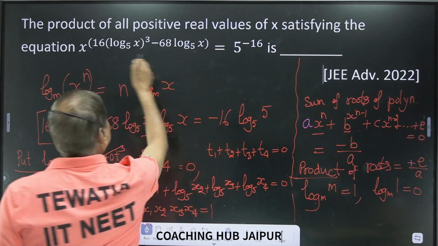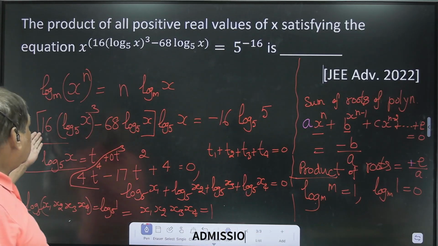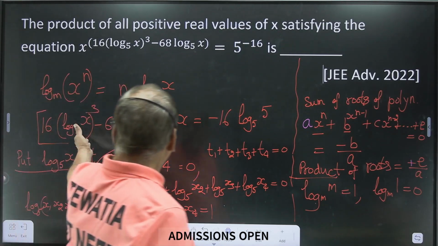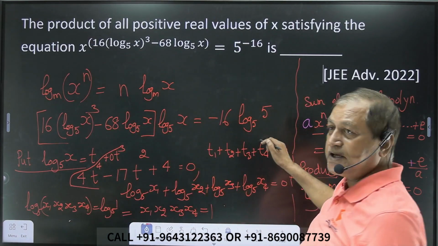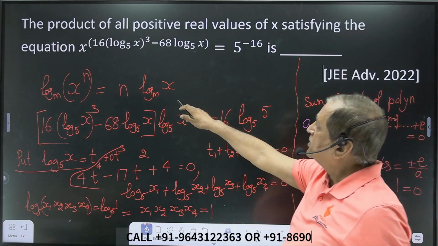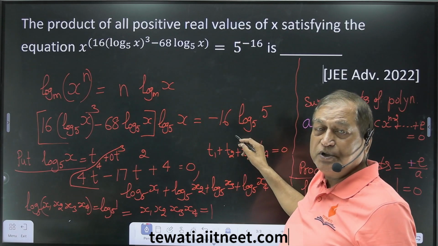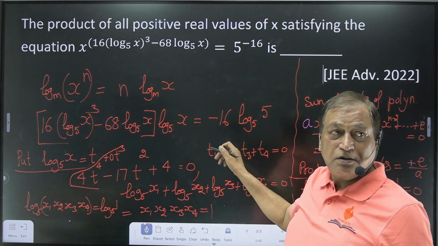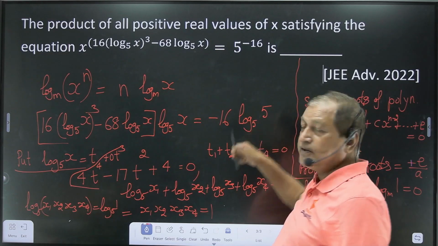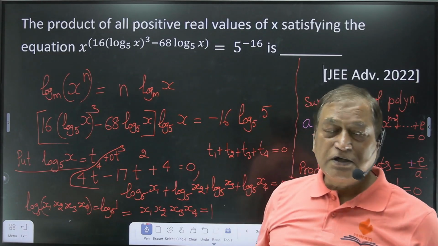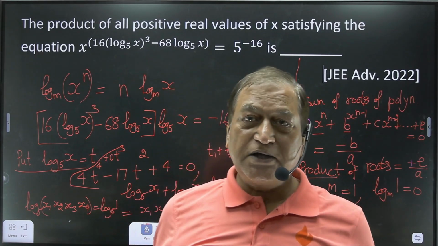Take the logarithm of both sides. If we take the logarithm of both sides, it comes 16 log x to the base 5 whole cube, and on this side minus 16 log 5 to the base 5, because we are taking log to the base 5 for all. Why are we taking log to the base 5? Why not the natural logarithm, base e? Why not base 10?